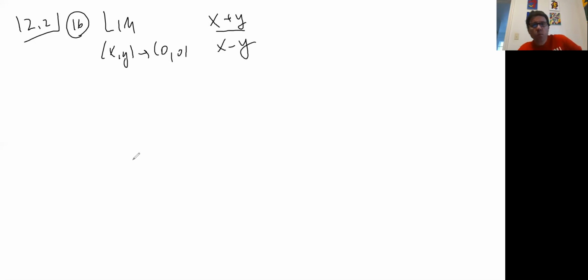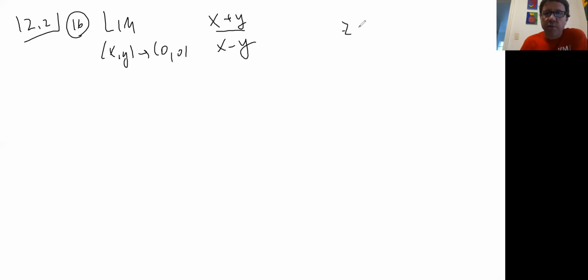Okay, so limit as x, y goes to 0, 0 of this fraction, x plus y over x minus y. So that's your z function.